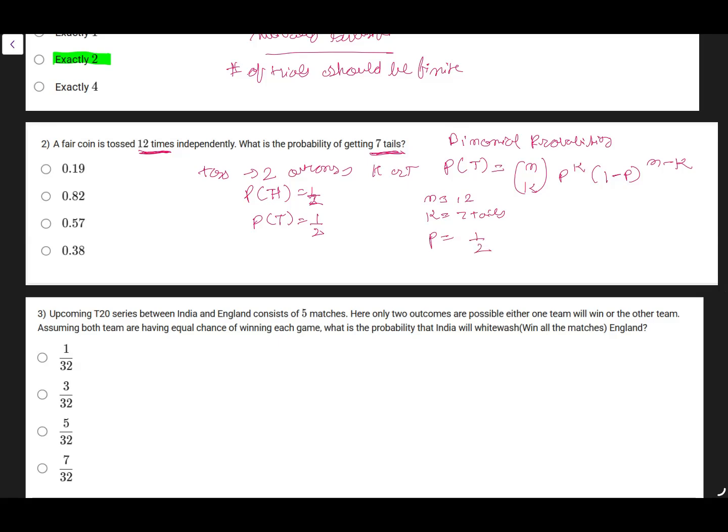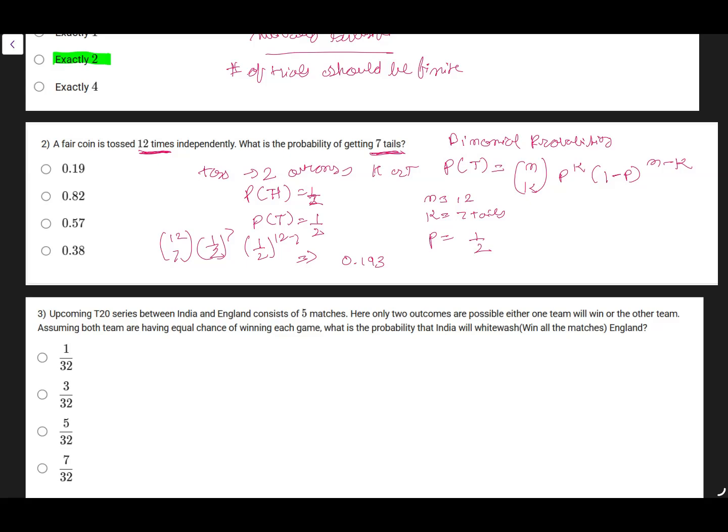If we plug these numbers in, we get 12 choose 7, half to the 7, half to the 12 minus 7, n minus k, right? And your final outcome is going to be somewhere near 0.193.